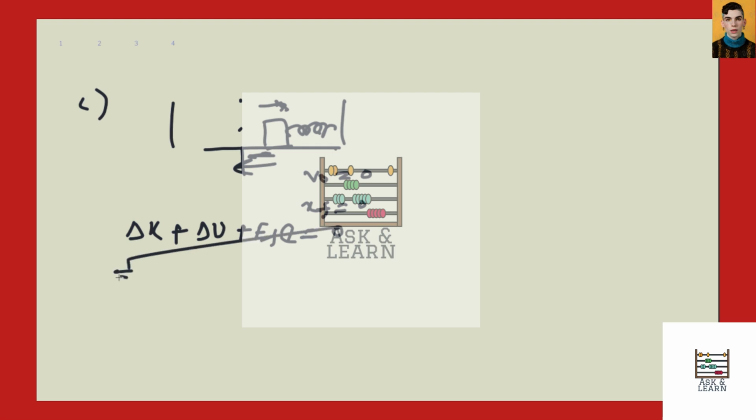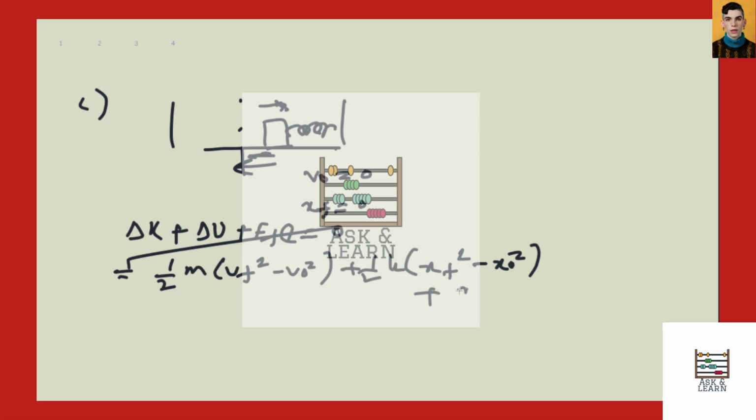So we have half m times vf squared minus v naught squared, plus half k times xf squared minus x naught squared, plus mg mu k times xf minus x naught, equals 0.